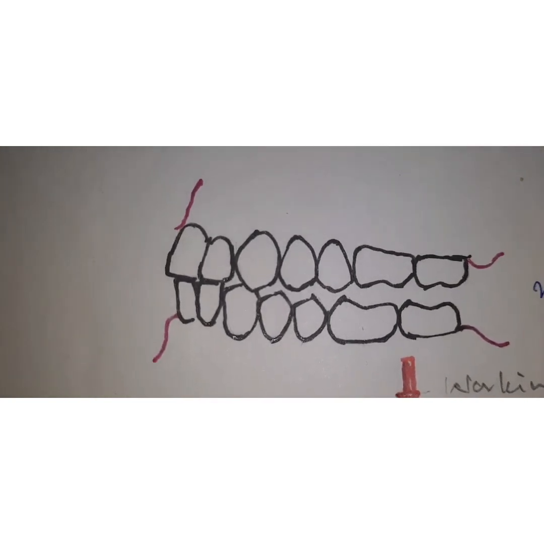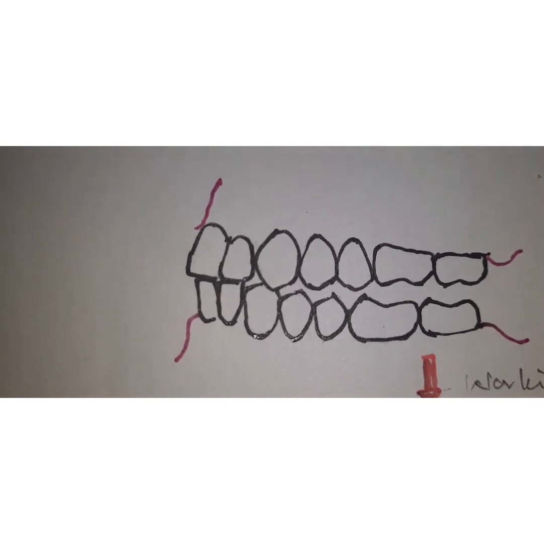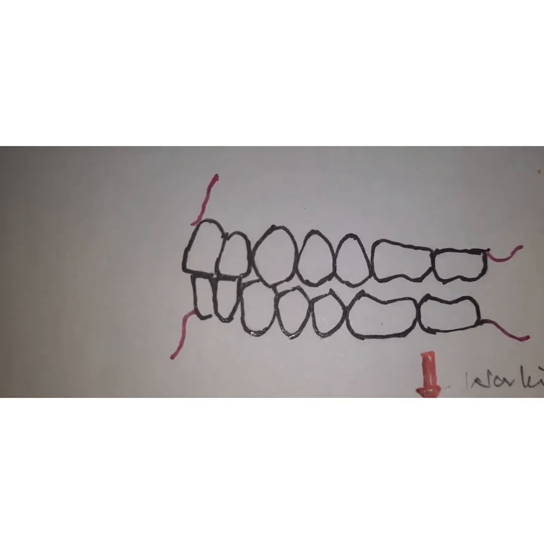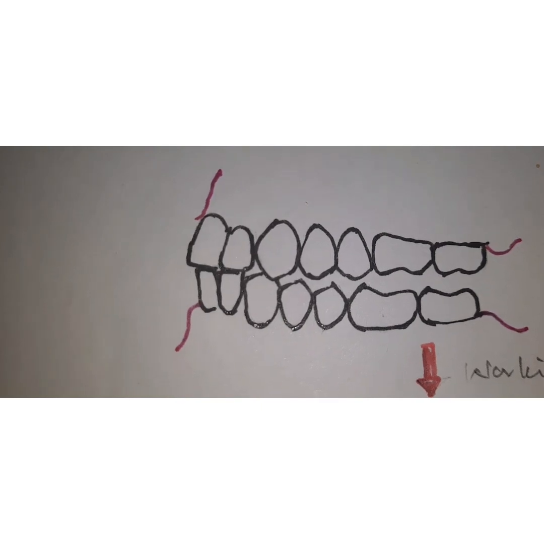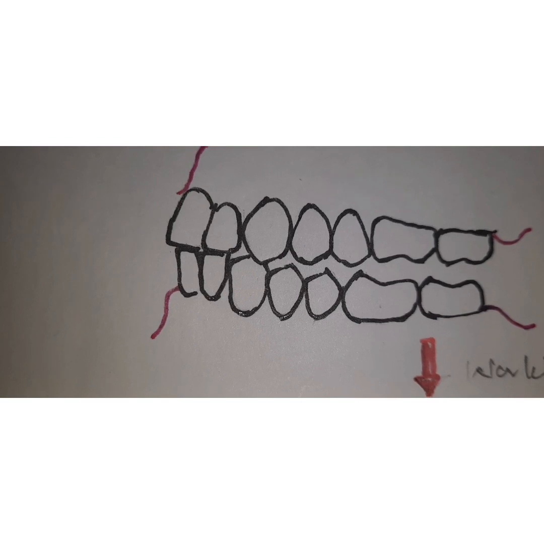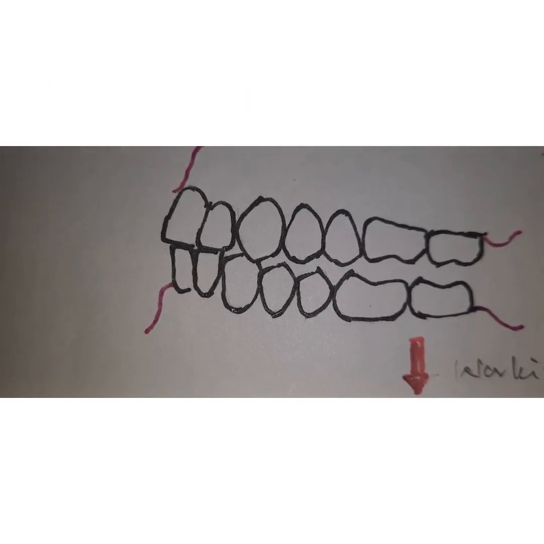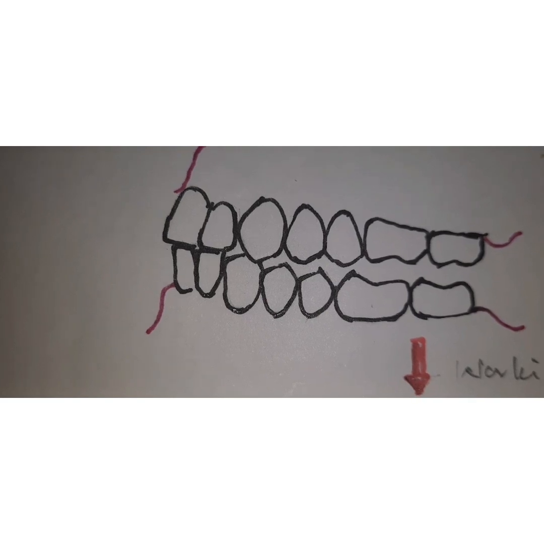And this type of occlusion is recommended for full mouth rehabilitation provided the patient has good periodontally healthy teeth. Canine guided occlusion cannot be used in cases where you have anterior bone loss or where you have missing canines.